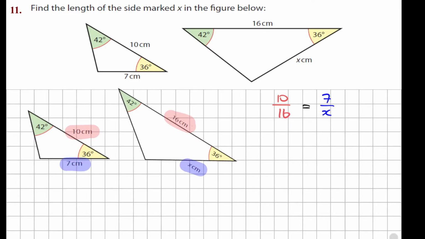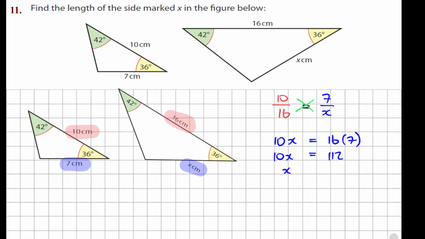If you've got a fraction equals a fraction, you can cross multiply. So that will give us 10x, sorry, 10x is equal to 16 times 7. And 16 multiplied by 7 gives us an answer of 112.